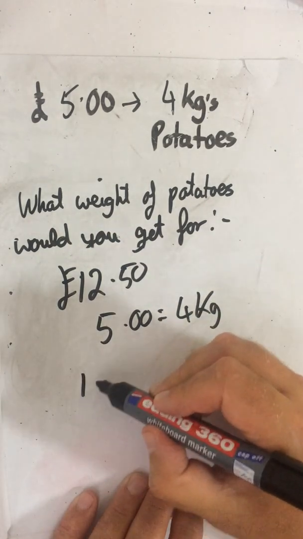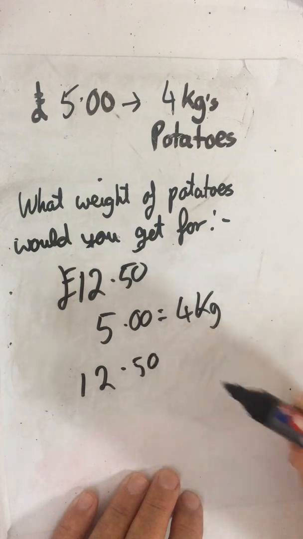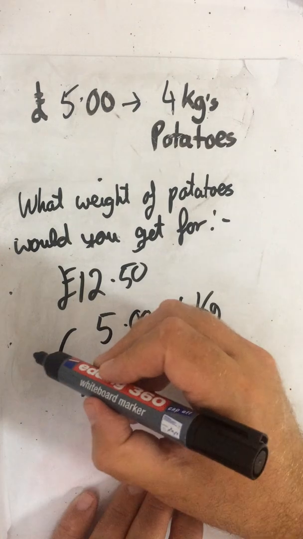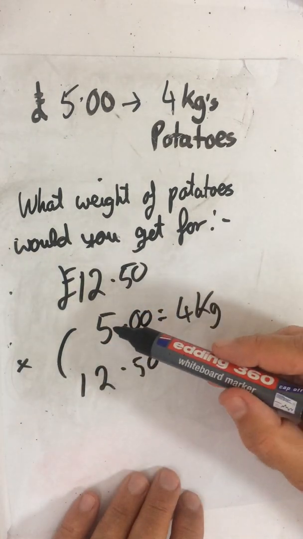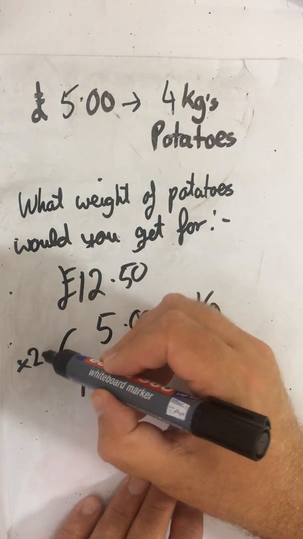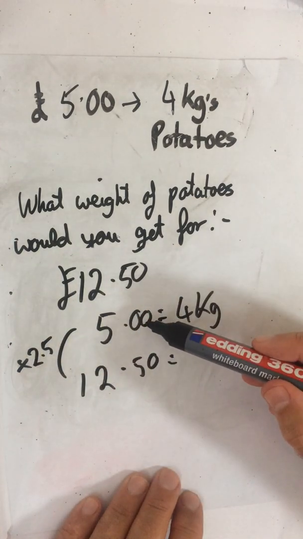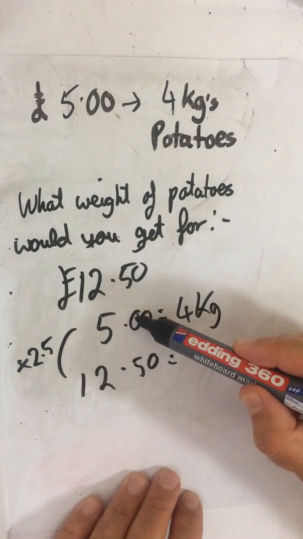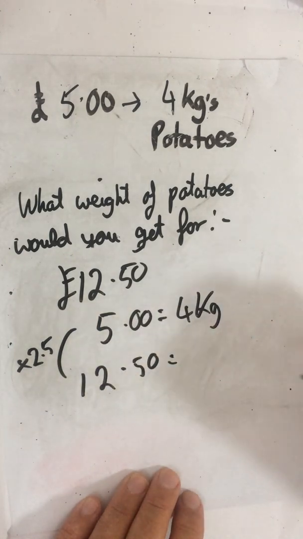So what will £12.50 get me? Again, how am I getting from the 5 to the 12.50? This time I'm timesing by what? Times by 2 will give me £10. So actually this is 2.5, isn't it? Because 5 times 2 is 10, and then half of that is £2.50. So it would become £12.50.